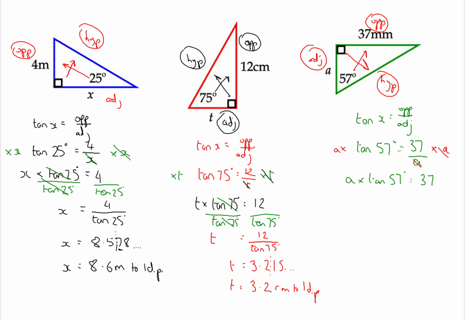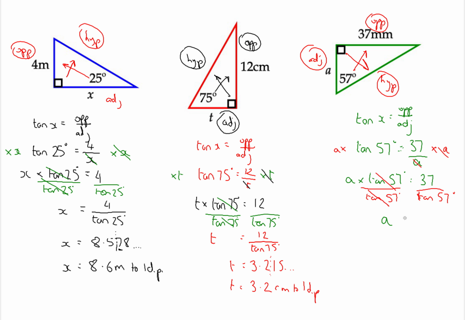How are we going to solve that equation? We're going to get A on its own by dividing by tan 57 on both sides. Getting a wee bit scrappy there. They simplify to 1, and what have we got?